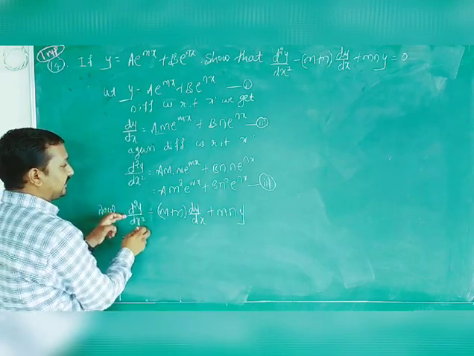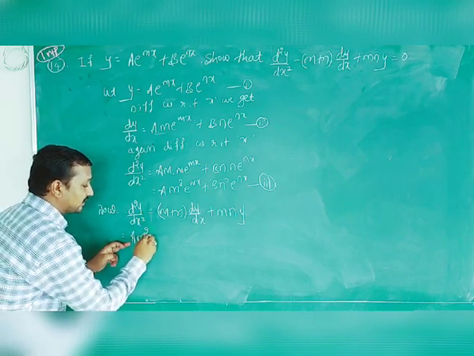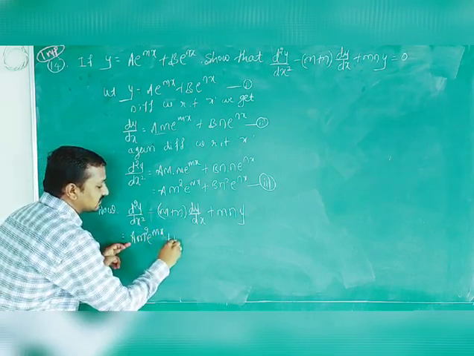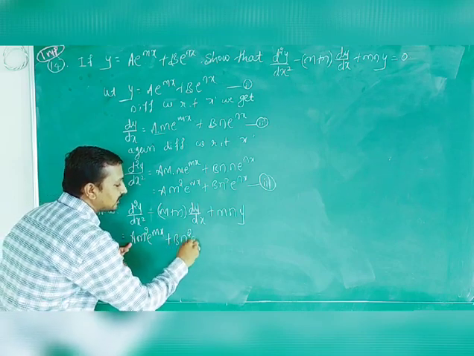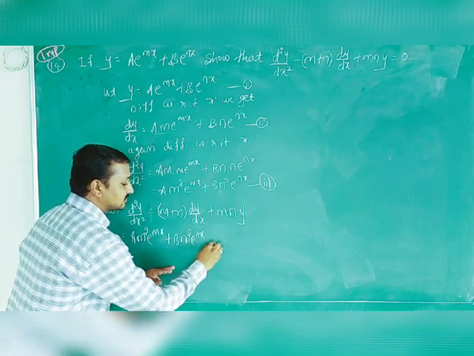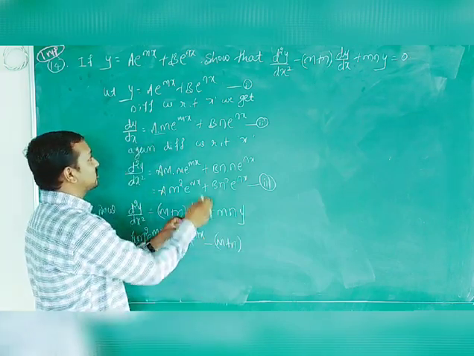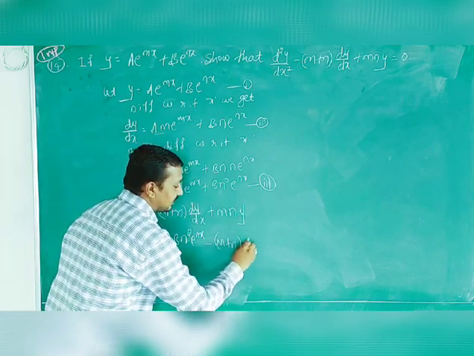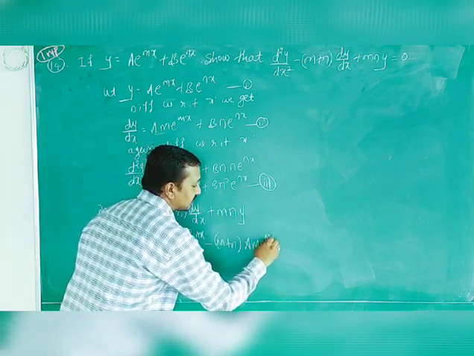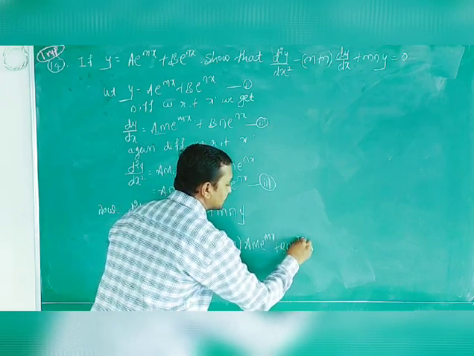Put the value of d2y by dx2, which is am square times e raised to mx plus bn square times e raised to nx. Then minus (m plus n) times, put the value of dy by dx. What is dy by dx? This term: am times e raised to mx plus bn times e raised to nx.